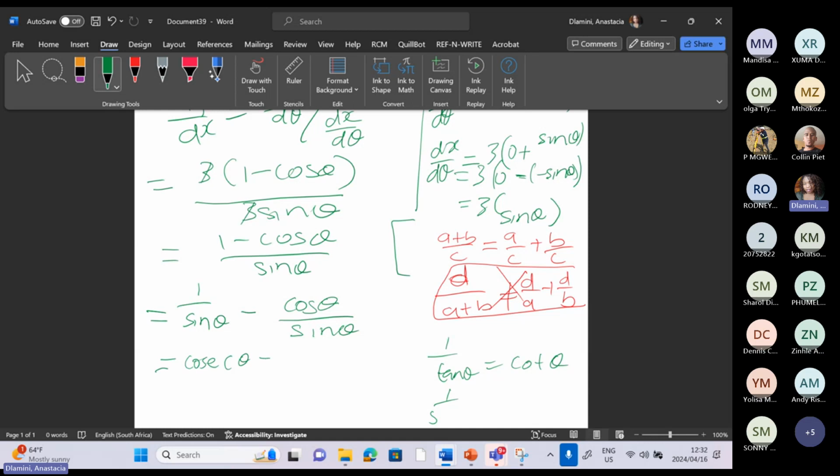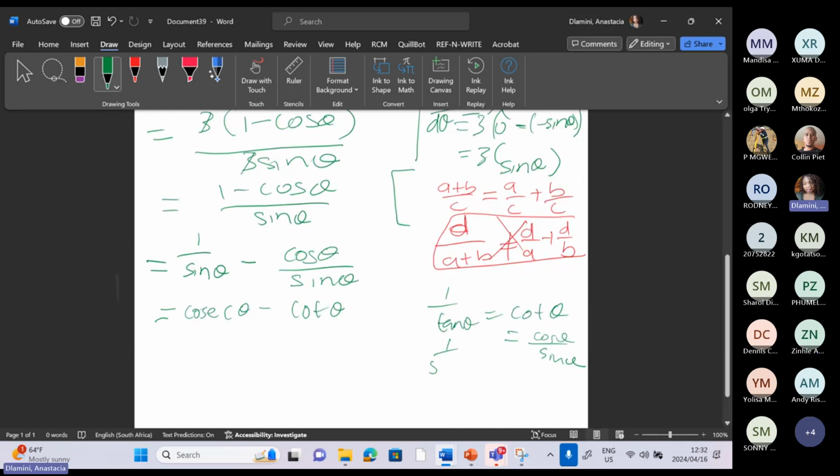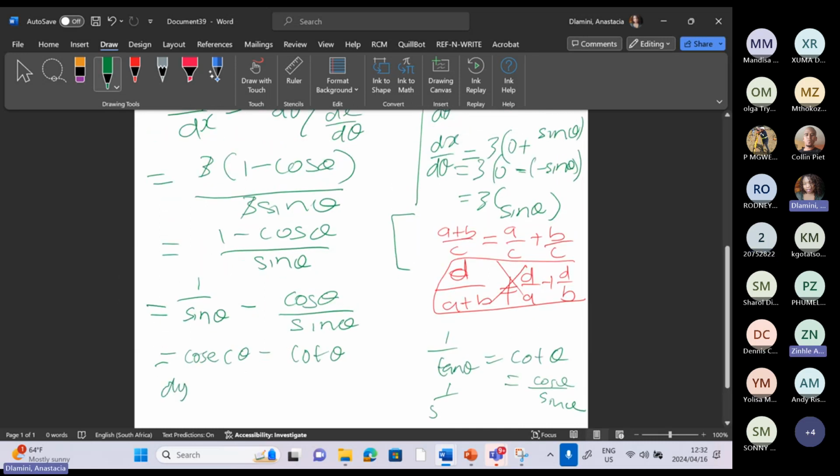And then this one is what? Cot theta, because cot theta is cos of theta over sine theta. Is this the answer? Yes, it's the answer. We are right. Well done to us. So dy over dx is equal to cosec of theta minus cot of theta.